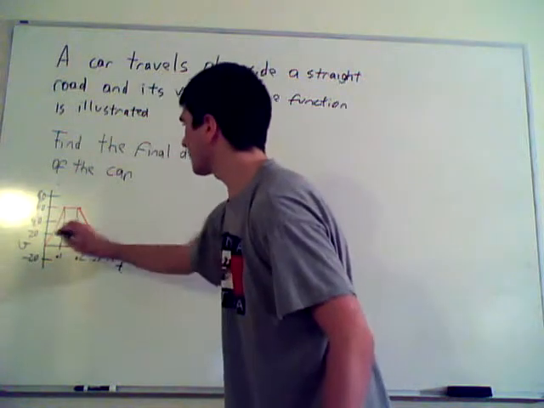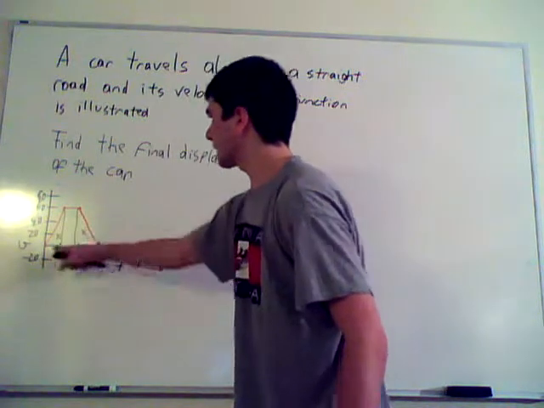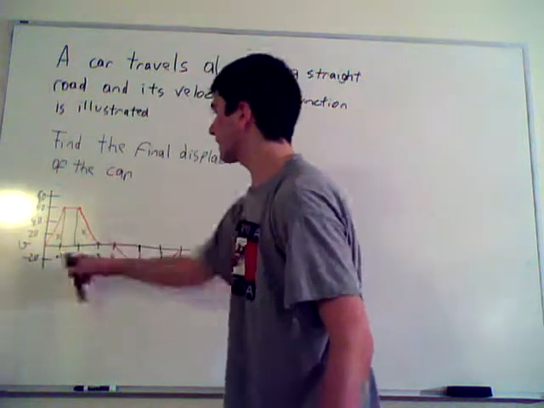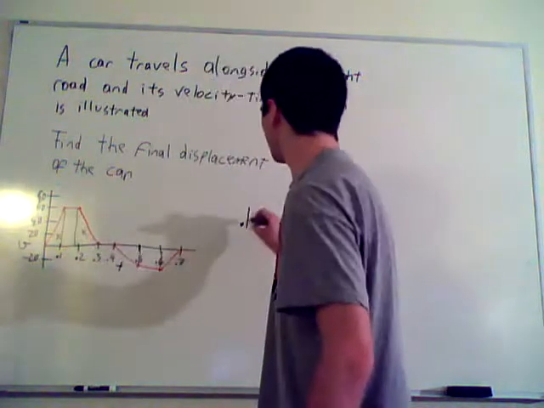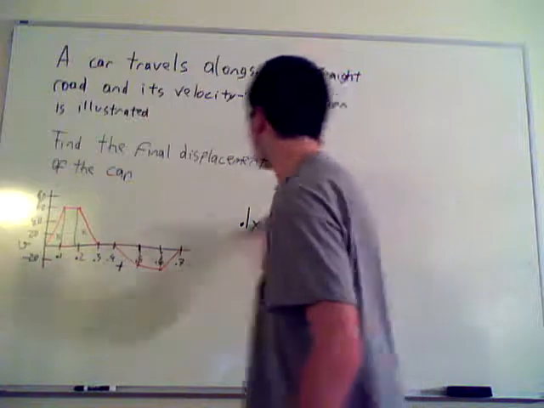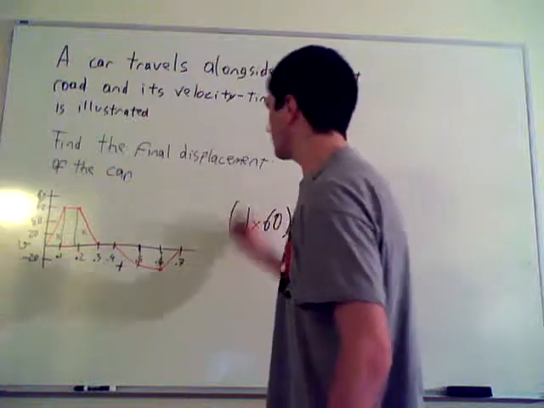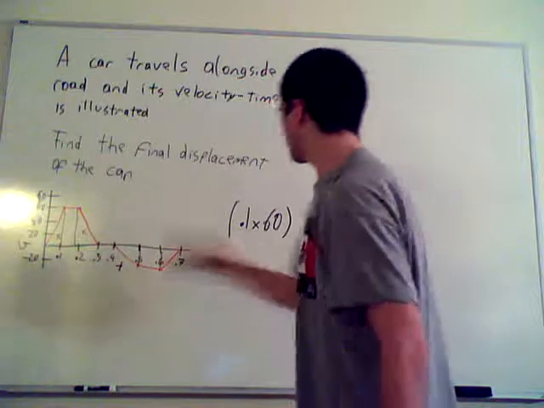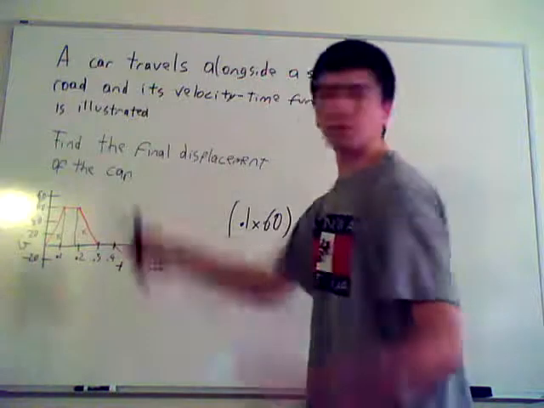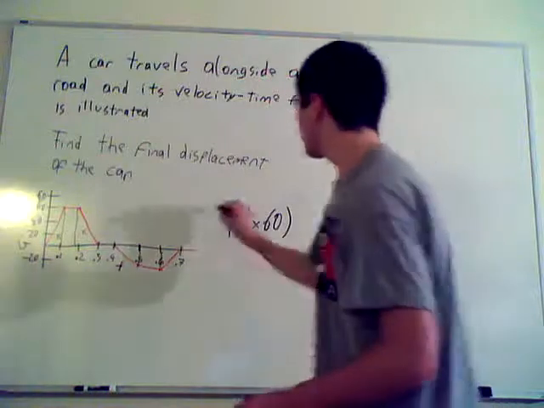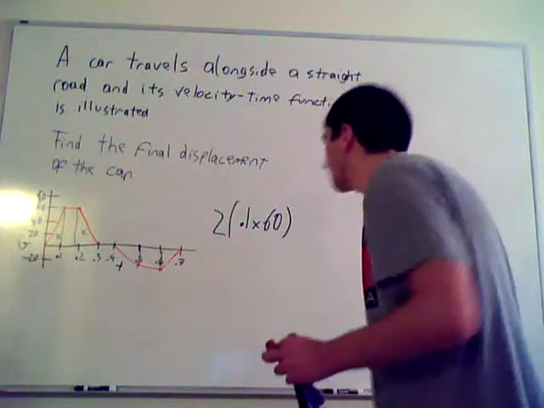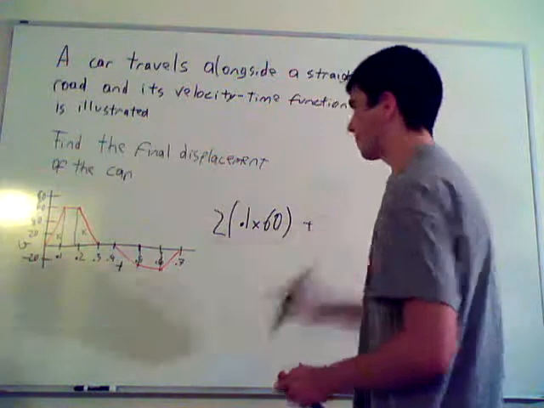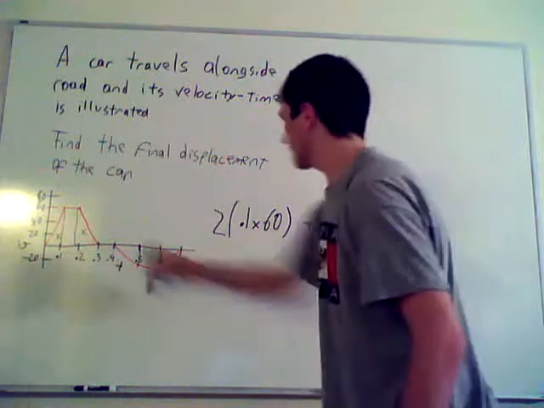Noticing I have two triangles right here, I can just say that this is a rectangle altogether, and I can say 0.1 times your height, which is 60. That is your two triangles right here, plus this, which is the same thing because it's the triangles together. So I'm just going to write a 2 right here. Plus, these two triangles again are the same.